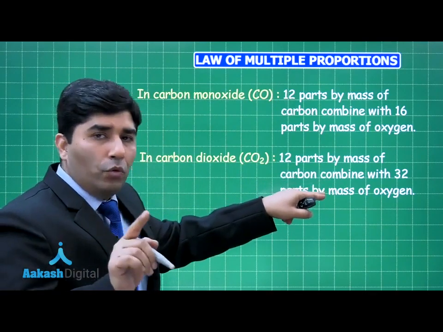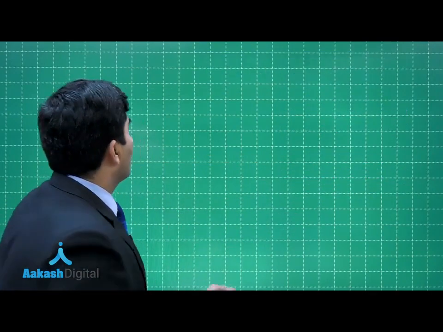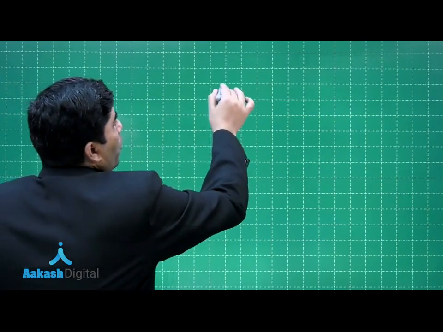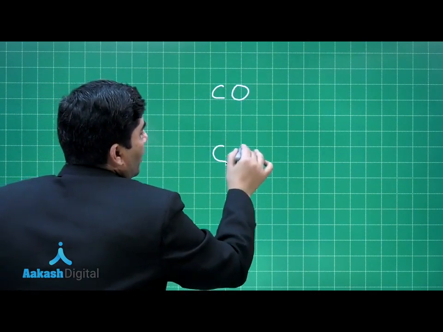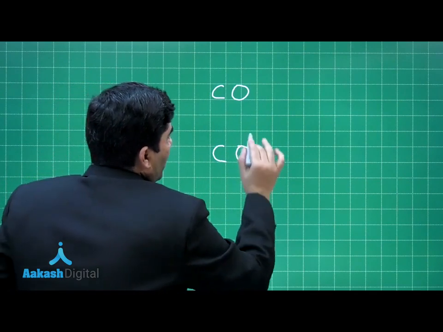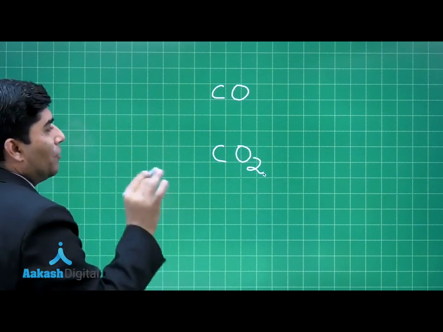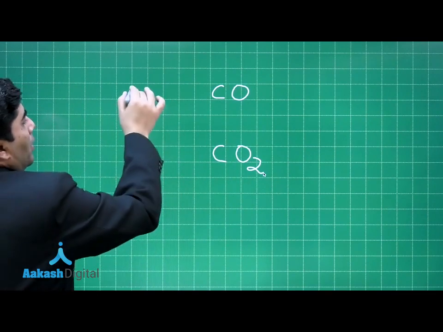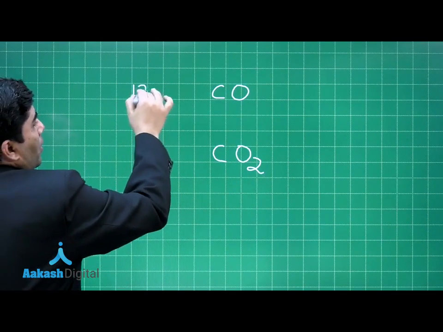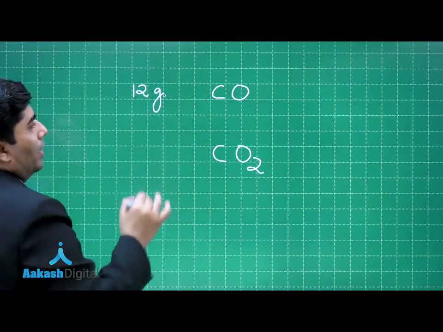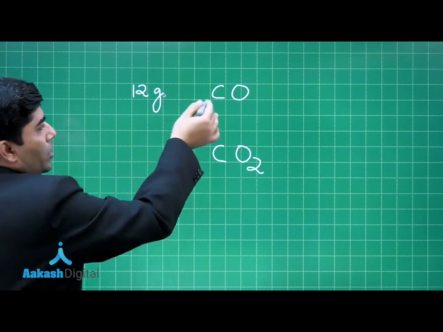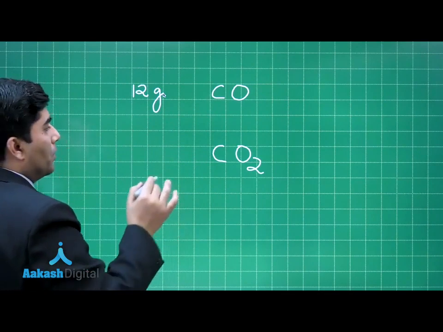Now what we have to do? Listen. In carbon monoxide and in carbon dioxide, in both, the weight of carbon is 12 gram. Suppose it's given in grams. That is 28 gram, this is 44 grams.